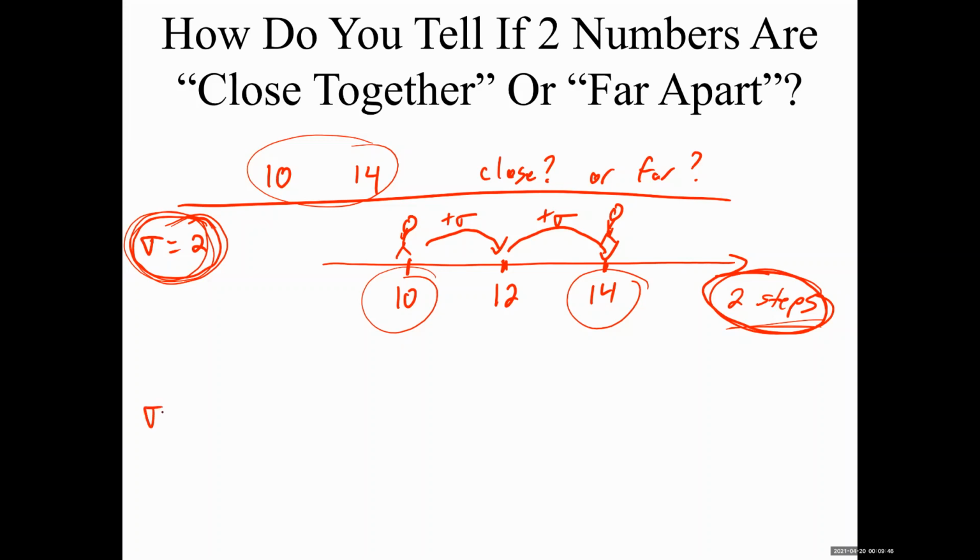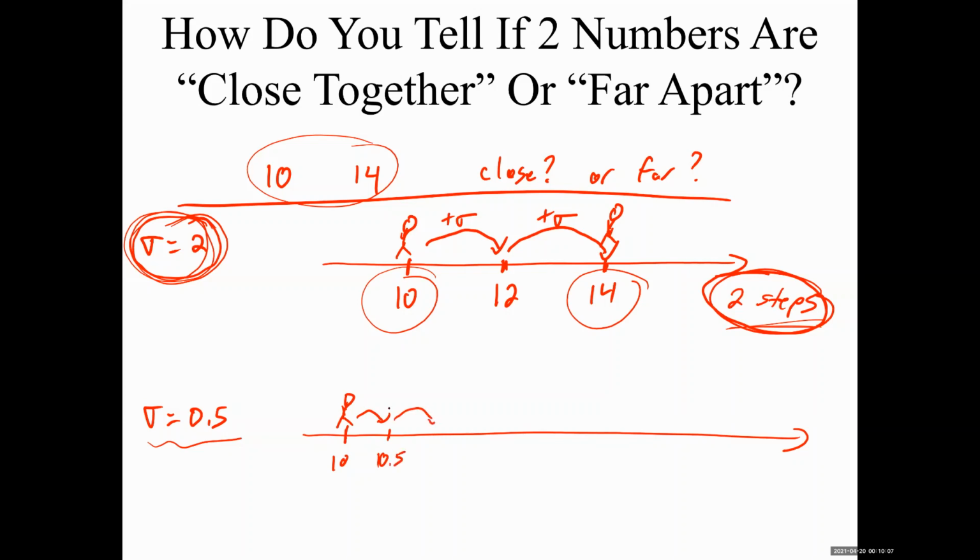Now, what if the standard deviation of the numbers in the bag, instead of it being 2, was 0.5? Okay. Then if you start walking along your number line, let's say we start at the number 10. That's you. And you take 1 step, that means you moved over 0.5. You're now at the number 10.5. You take another step, so it's like I add the standard deviation every time. We're now at the number 11. So every time you take 1 step, you've moved like half a foot, something like that.